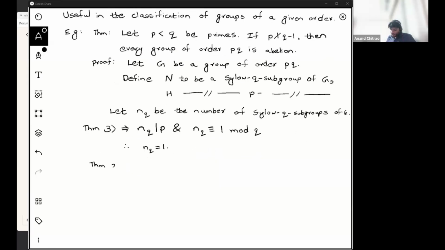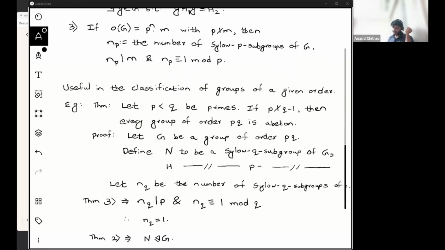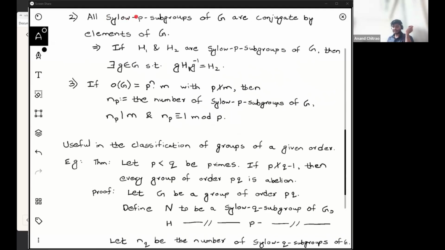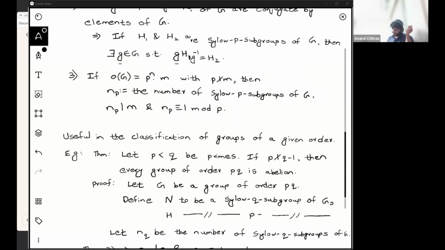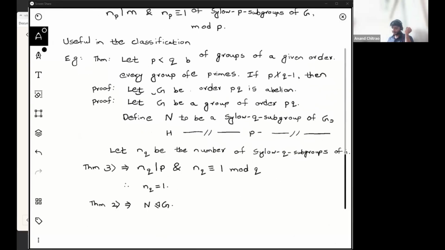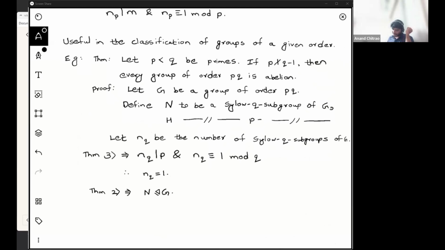Next, theorem 2 then implies that N is a normal subgroup of G. How do you see this? What does theorem 2 say? Theorem 2 says that all Sylow P subgroups of G are conjugate. Actually, you don't even need theorem 2.